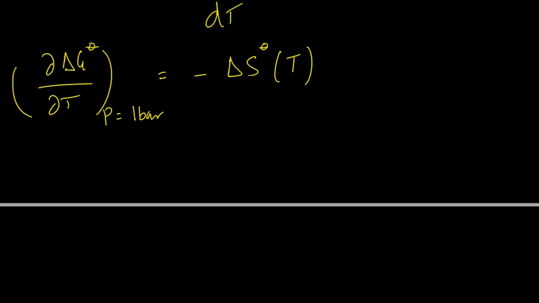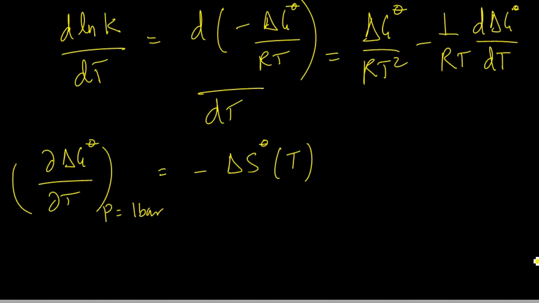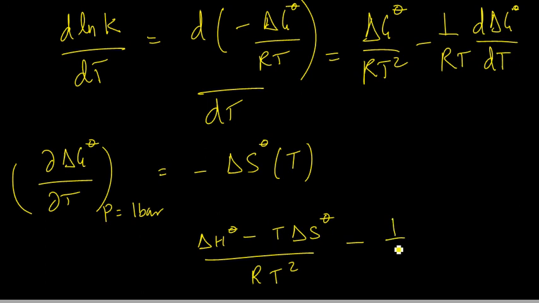Then I can write delta G naught as delta H minus T delta S. So what I get is delta H naught minus T delta S naught by RT square, minus 1 by RT into delta S naught. Minus minus, I'll just make it a plus. We can get rid of this too.